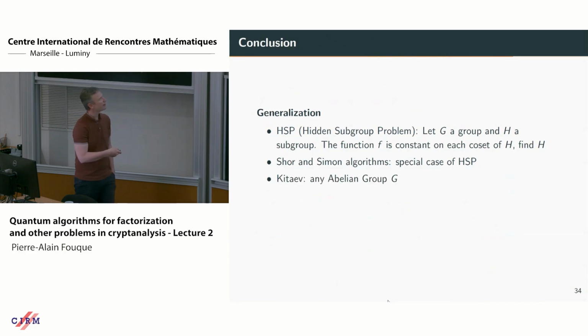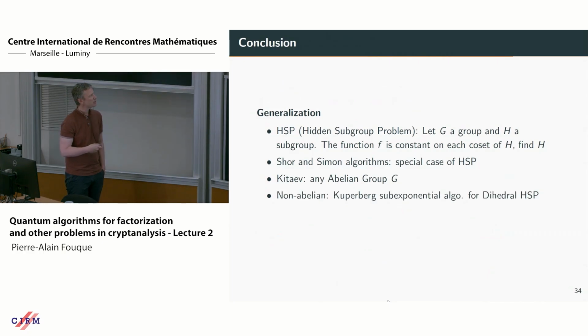Okay, and Kitaev also explains that if G is an abelian group, you can always apply such an algorithm. But what happens for a non-abelian group? One of the most interesting non-abelian groups is the dihedral group, and we have what is called the dihedral HSP problem.